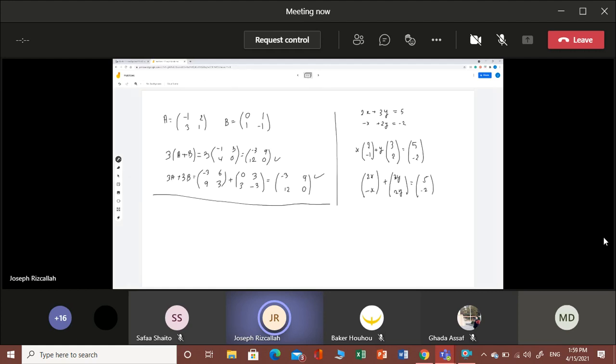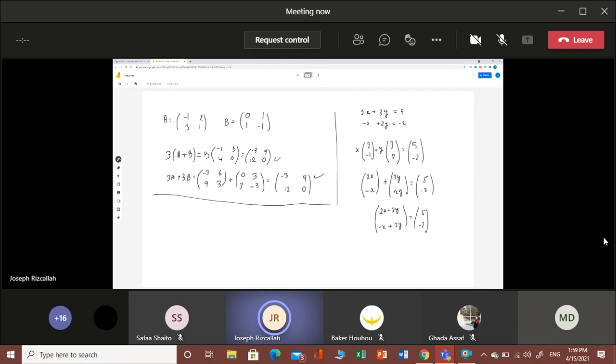And now I know the sum of these matrices means I need to add the entries, entry by entry. So in the first entry I get 2x plus 3y, and in the second entry I get minus x plus 2y. And this should be equal to the vector on the right, which is 5 and minus 2.